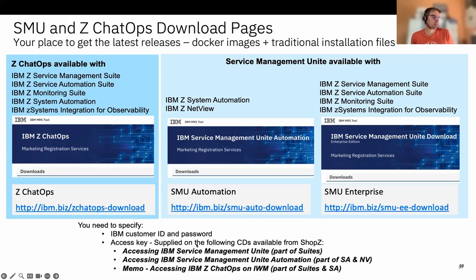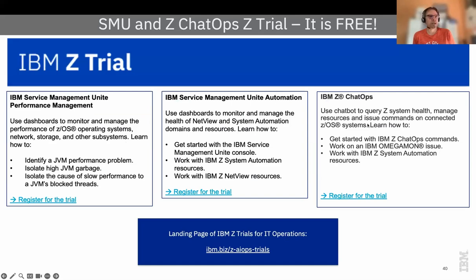So you need an access key and your IBM customer ID and password to access those download portals, and then you can just download the latest version of ChatOps and also Service Management Unite. Also, we have the Docker container available directly in ShopC, but the latest versions you can always get through the download portals.